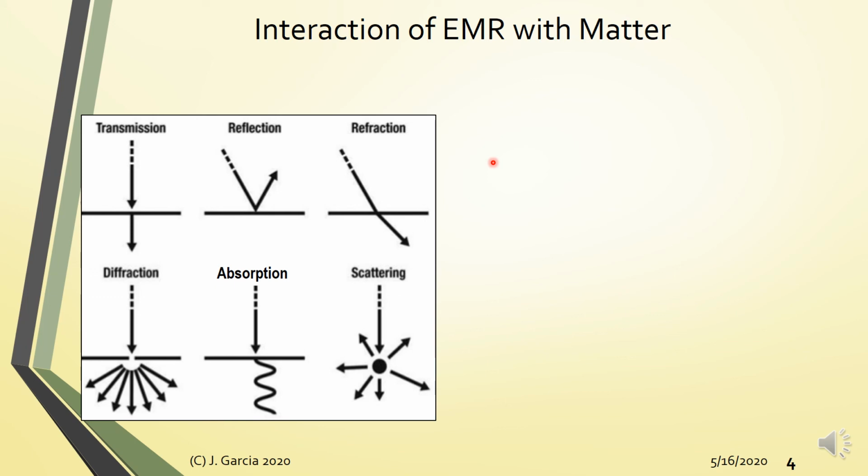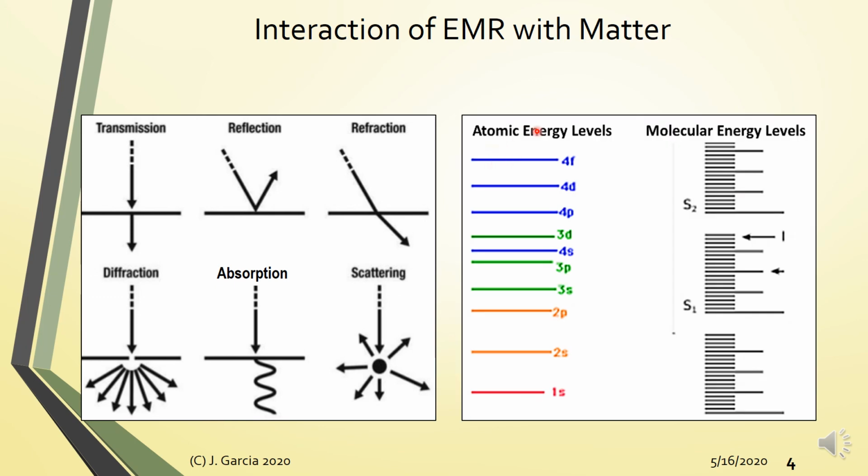So for atoms, if your sample or your analyte is in atomic form, such as in AES or ICP, you have to realize that the energy levels we're talking about are the ones in your Gen Chem notes, so 1s, 2s, 2p. So this is where electrons get promoted across atomic energy levels.